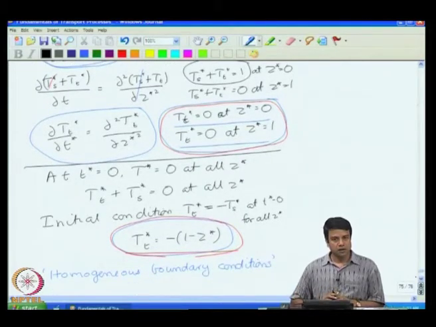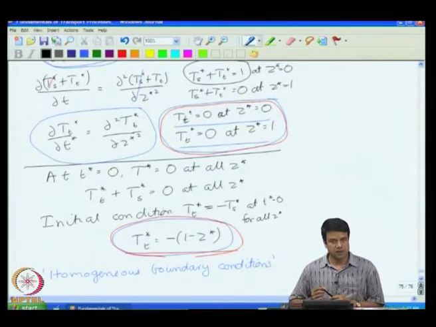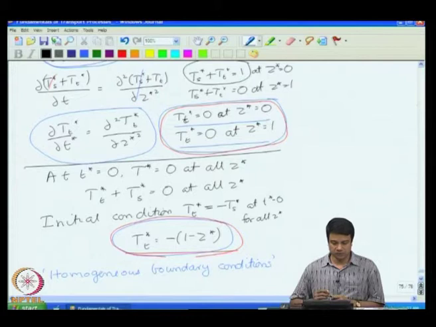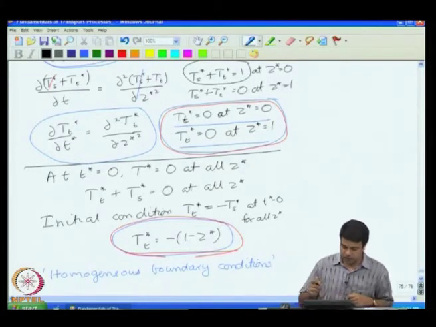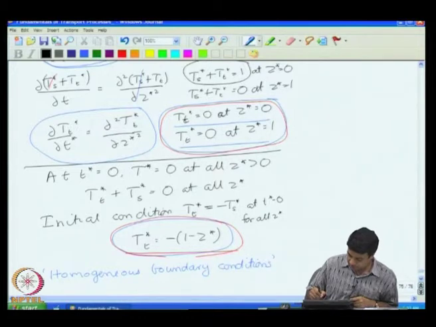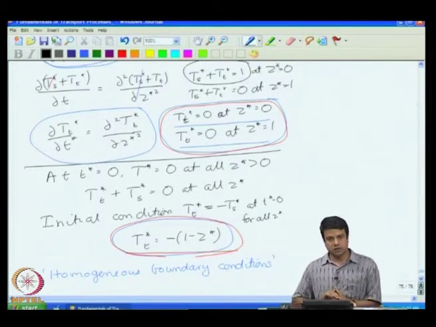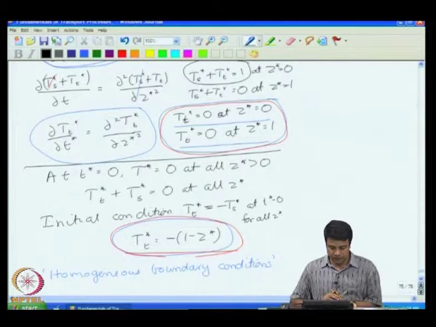However, even though the boundary conditions are homogeneous in the z coordinate, they are not homogeneous in time. At time t is equal to 0, the initial condition for the temperature field was that T star is equal to 0 at all z greater than 0. That means the transient plus the steady part has to be equal to 0 at all z greater than 0.